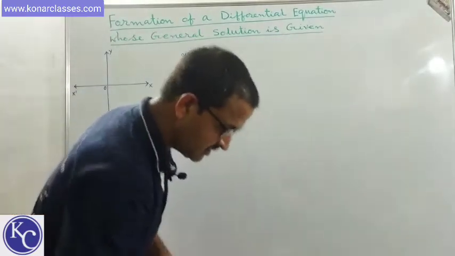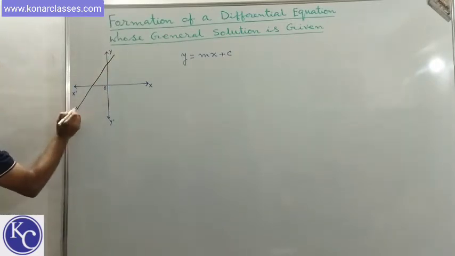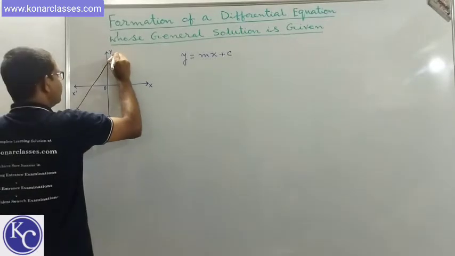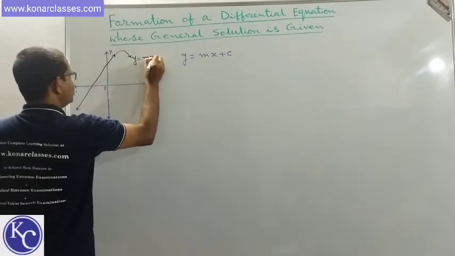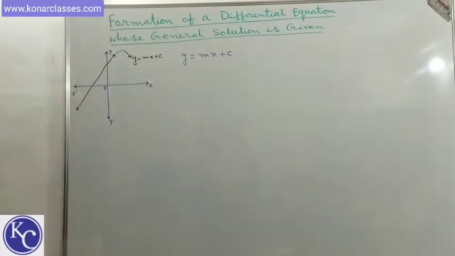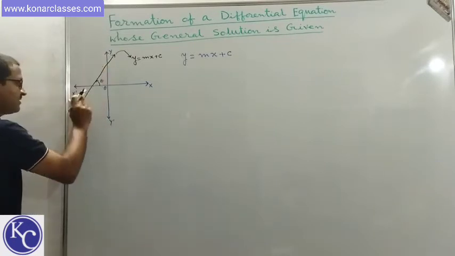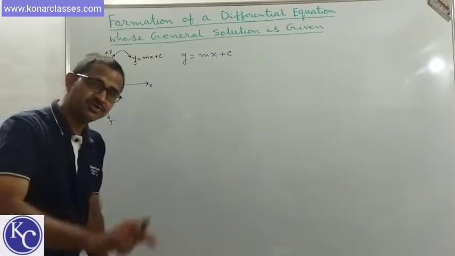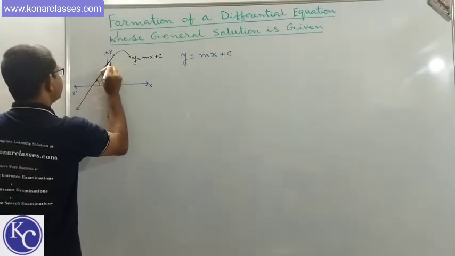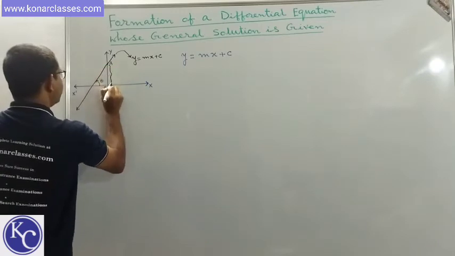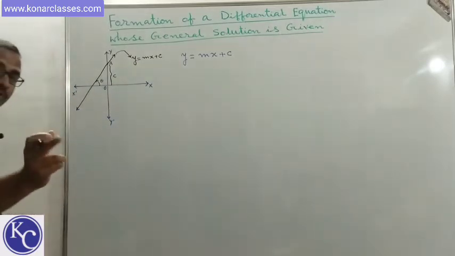That means if we draw a straight line something like this, okay, so this is the straight line representing this equation y equal to mx plus c. Okay, so if this angle is theta, means the straight line makes an angle theta with the positive direction of x-axis, and if this intercept, so this is origin, if we say this point is A, if OA is c units, then we can say the equation of the straight line is y equal to mx plus c.